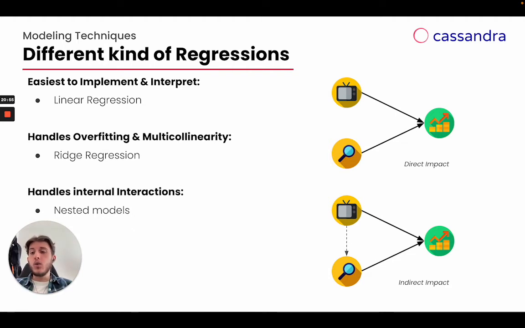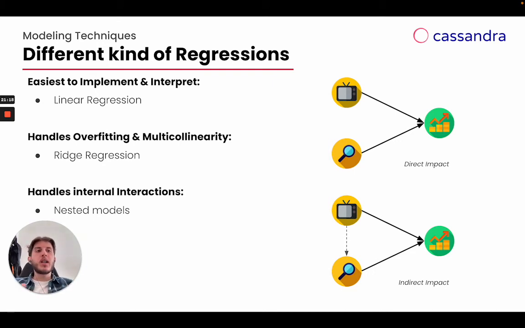So what you can do is use nested modeling. And the idea behind nested modeling is that before doing the real model, where you want to model your sales, you will do like a submodel. In this submodel, your dependent variable will be your search. So you will be modeling how your search behaves based on other independent variables, such as your TV spend.